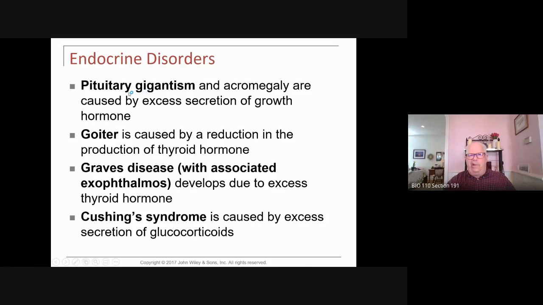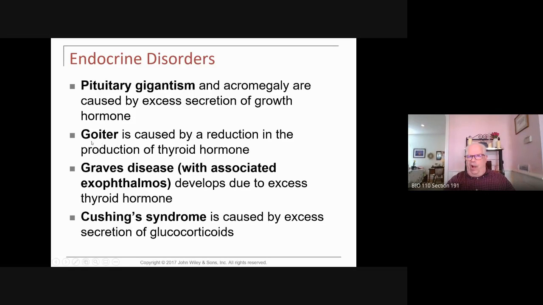It's a pituitary disease. You also are going to have a lecture on hyperthyroidism. And one of the major reasons for hyperthyroidism is a disease called Graves' disease. You're also going to have a lecture on Cushing's syndrome, which is an excess of glucocorticoids or cortisol.